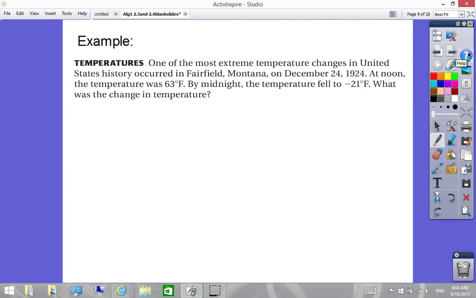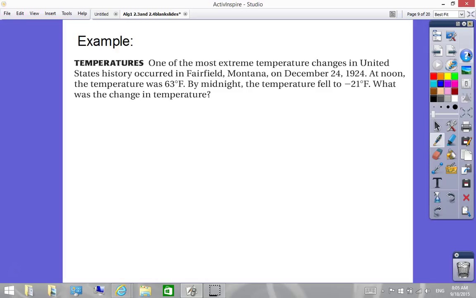Okay, so, example. One of the most extreme temperature changes in United States history occurred in Fairfield, Montana on December 24th, 1924. At noon, the temperature was 63. By midnight, the temperature was -21. What was the change in temperature?